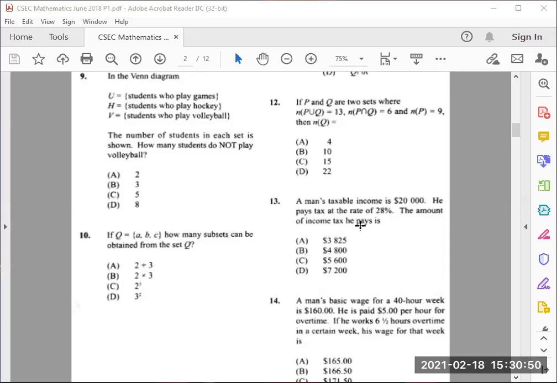Ariana says A. Sir, A. What's the answer for number 12? A. 13. Draw the set.